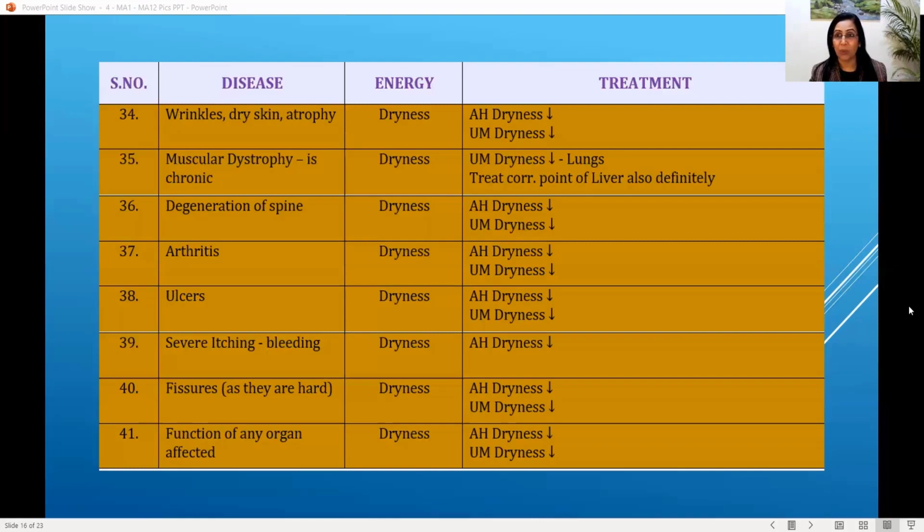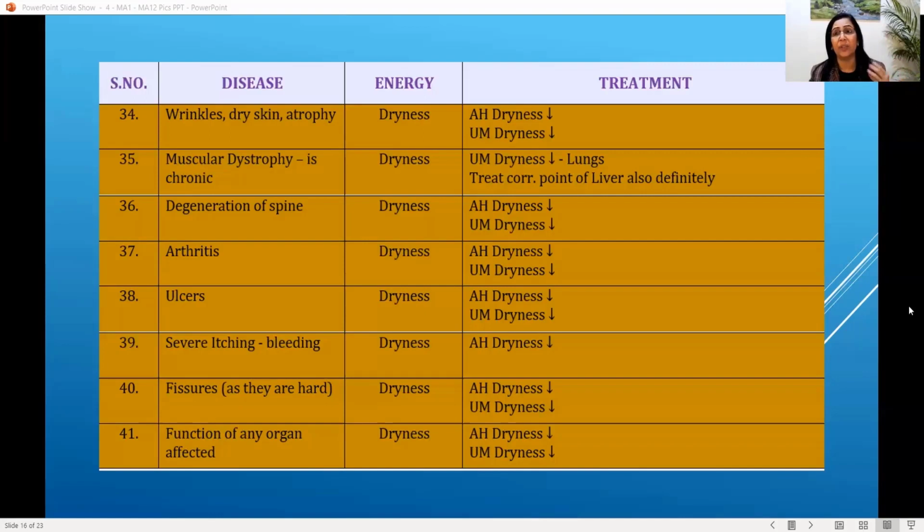But if it is a chronic problem and the degeneration of the spine is causing other issues, posture issues, or sciatica pain, then you can sedate the dryness meridian, which is the lungs meridian.